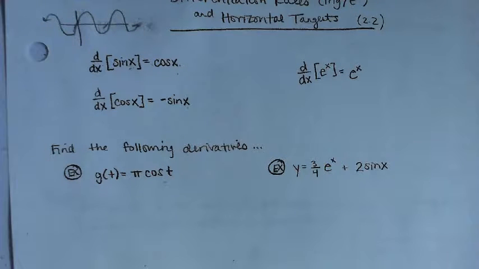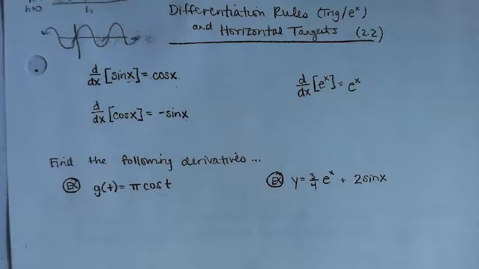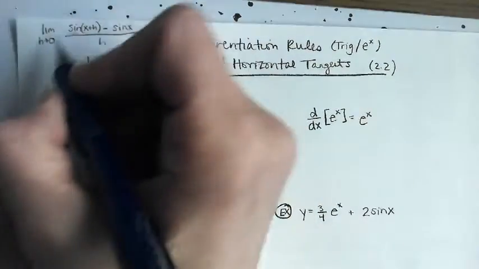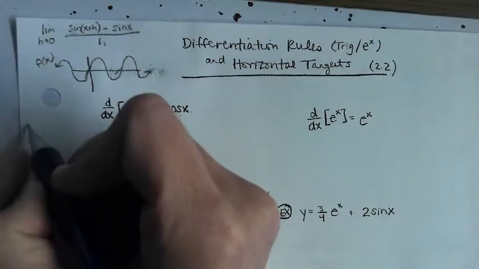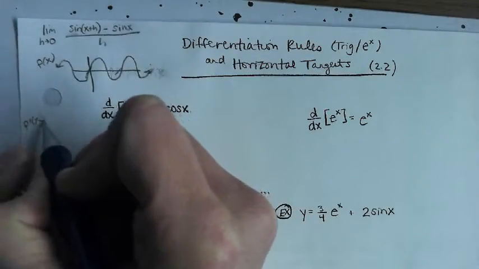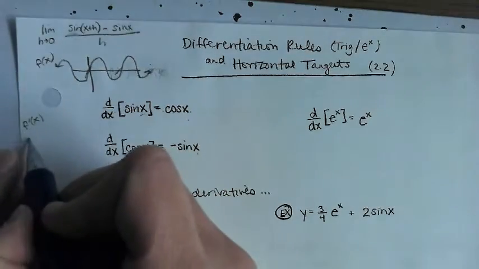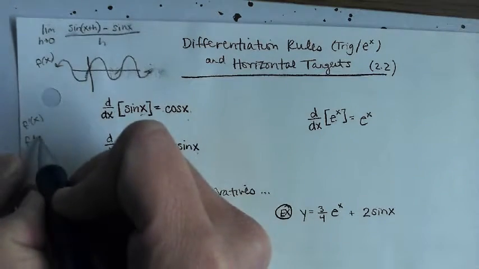Stephen? Yeah. If you were to use one of those activities that we did, if this is f of x, which is the sine graph, and you were trying to come up with the derivative graph and start evaluating using that method, what's the slope of our graph at 0?